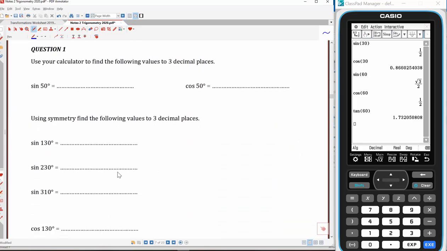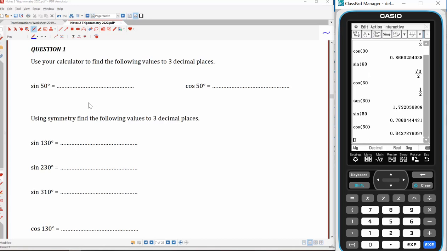All right, so let's work out what the sine of 50 degrees is on the calculator to 3 decimal places, and the cosine of 50. Cosine of 50 is going to be 0.643.